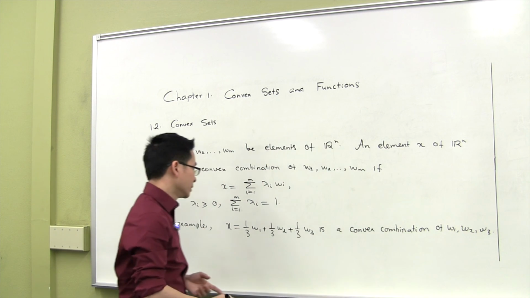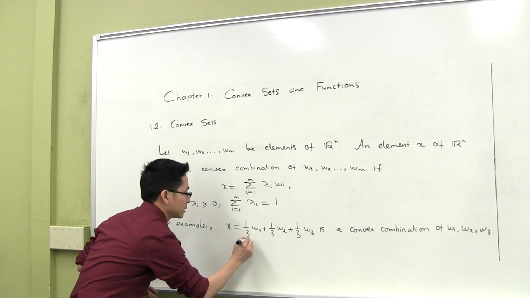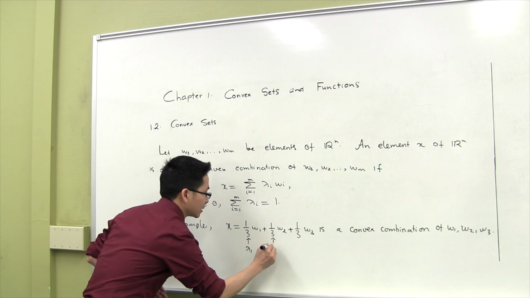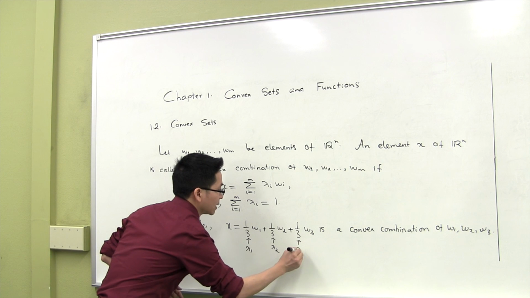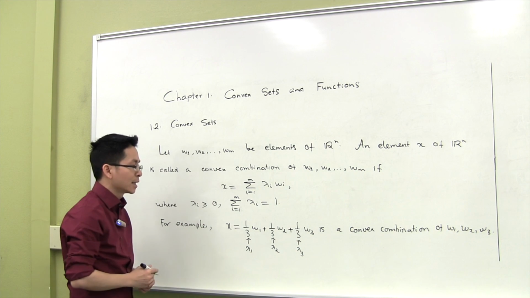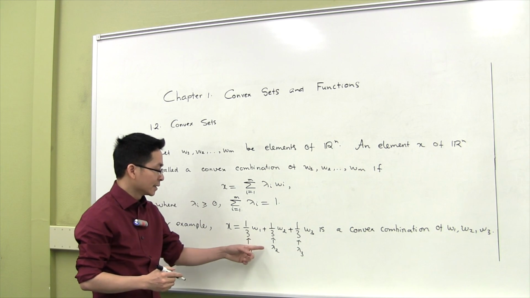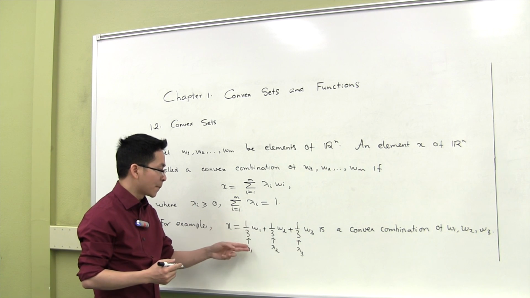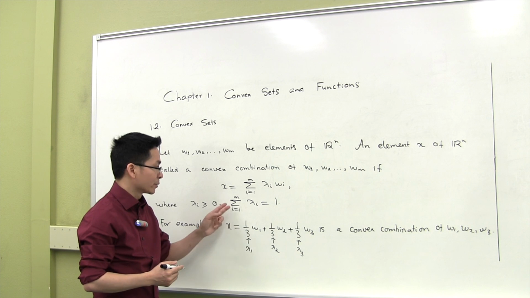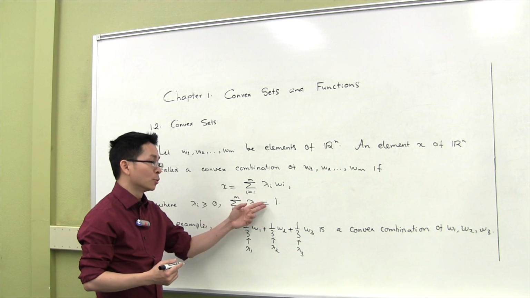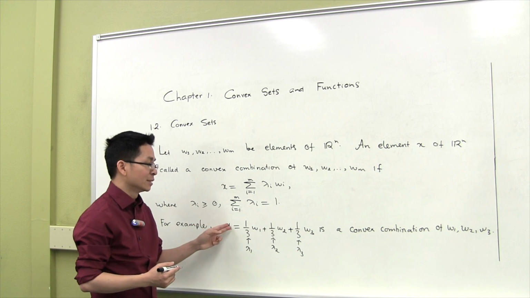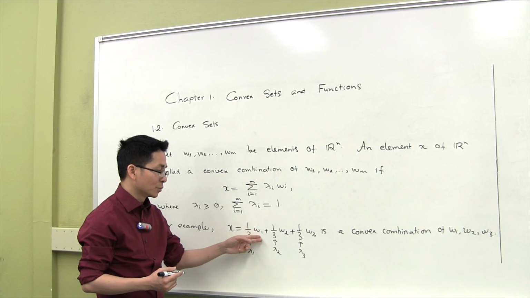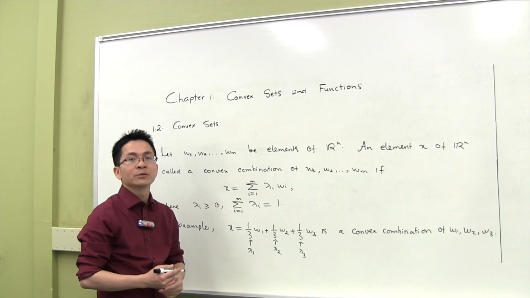Because if we look at these coefficients, this is lambda 1, this is lambda 2, and this is lambda 3. Each lambda i here is greater than or equal to 0, and the sum of lambda i, where i runs from 1 to 3, is equal to 1. Therefore, by the definition, this element X is a convex combination of W1, W2, and W3. Okay.